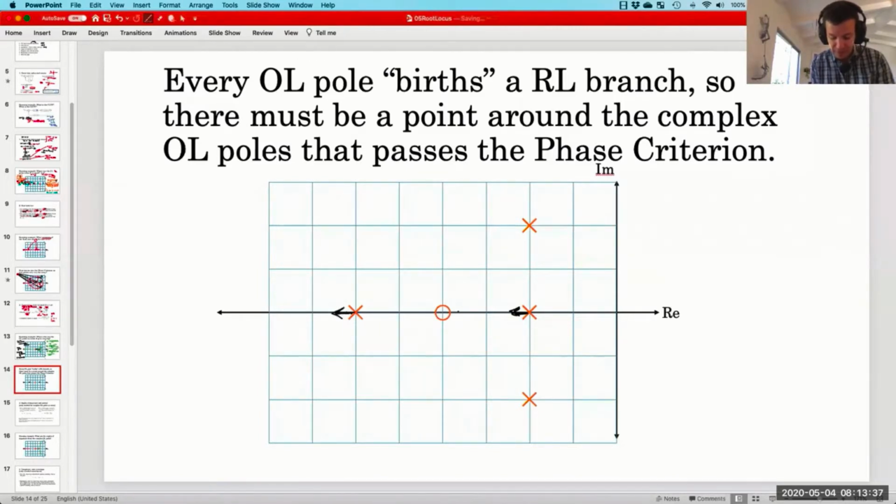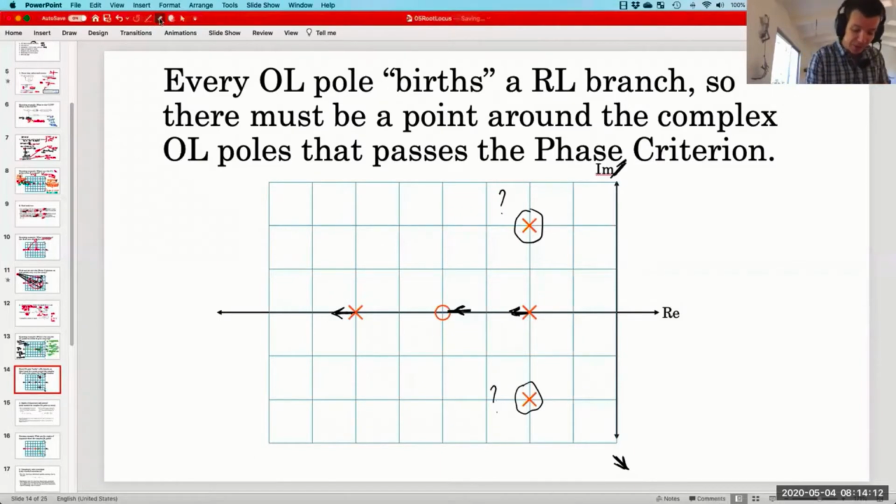Now we also figured out that this open loop zero attracts a closed loop pole branch, but we have 3 closed loop pole branches that are really unaccounted for. We know that one of them is going to end up going that way. It's going to follow that asymptote. It's going to follow that asymptote. So we know where they're going to end up, but the question I want to answer now is, where do these other 2 branches begin? And they have to begin somewhere around this pole, and then analogously somewhere around that pole.